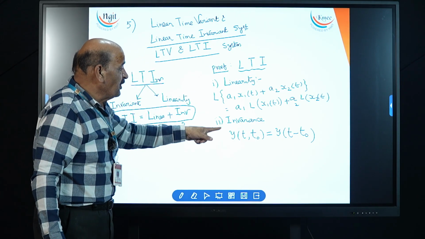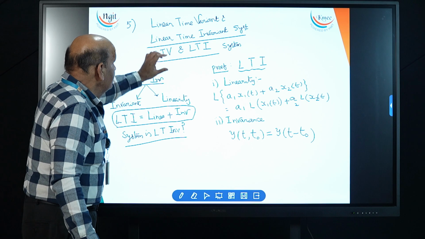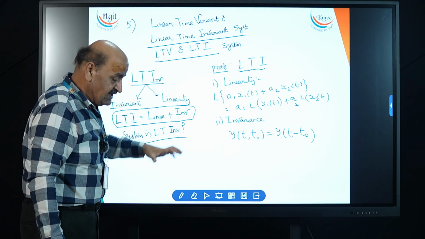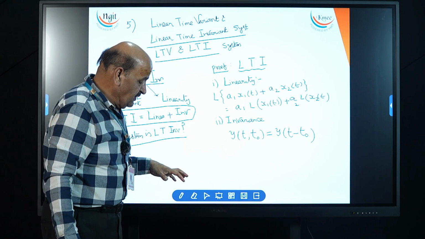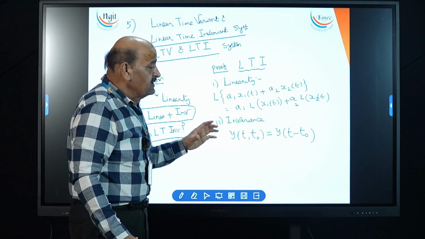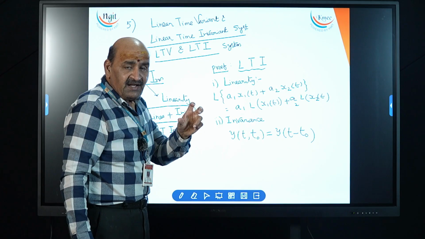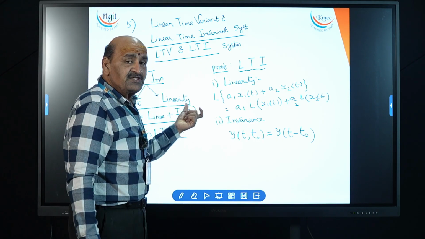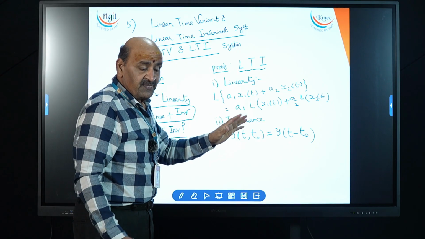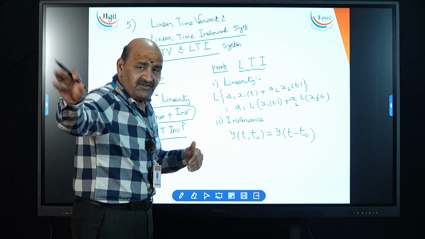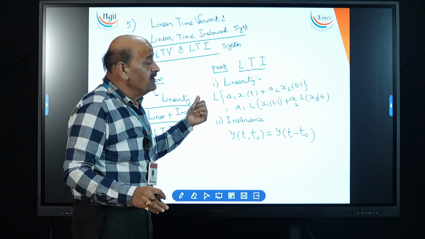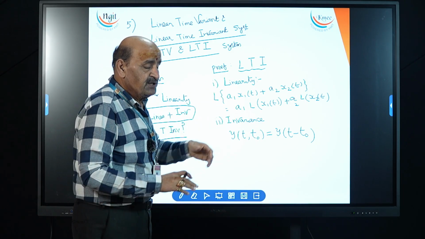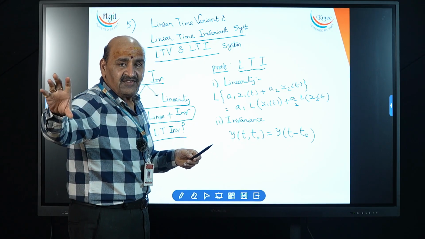If these 2 properties are satisfied, that system is called linear time invariant. One important thing we have to make is that linear time invariant is a hybrid system, because linear system is different, time invariant is different. In the previous classes we discussed what time invariant system, what linearity system.